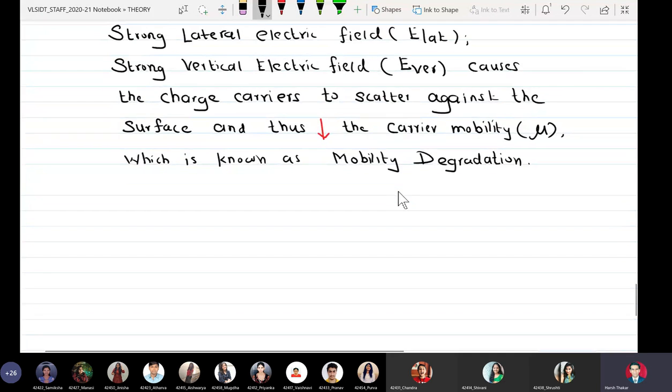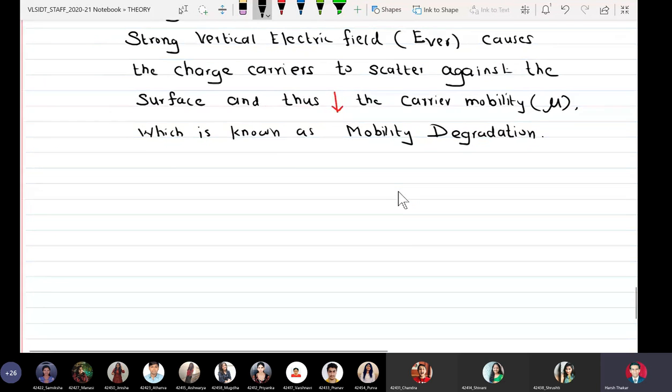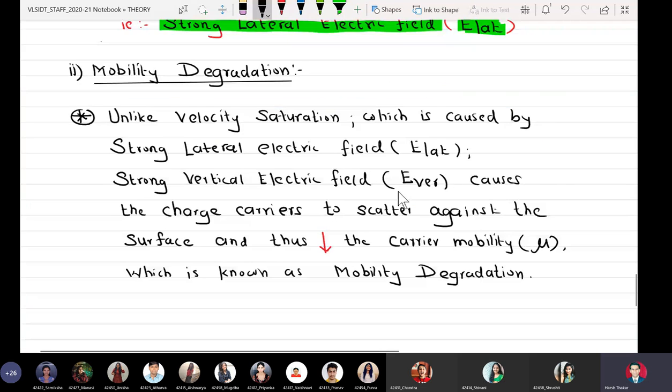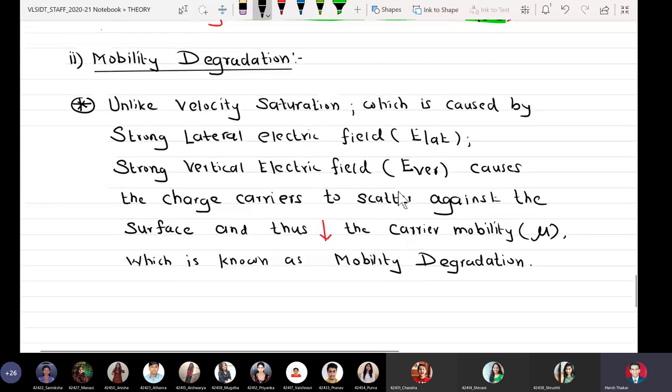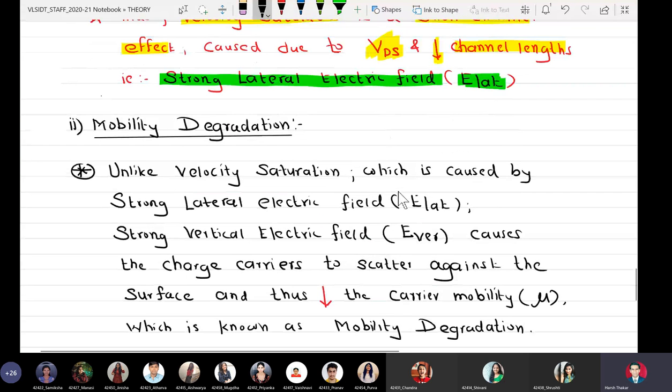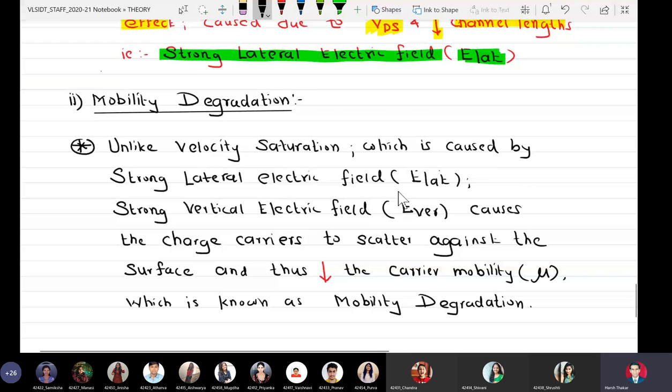Okay, so there is mathematical modeling available for this, but then it is out of the scope. That is why we can just understand that while velocity saturation is a short channel effect caused by strong lateral electric fields ELAT, strong vertical electric fields EVER cause the charge carriers to scatter against the surface and thus reduce the carrier mobility.